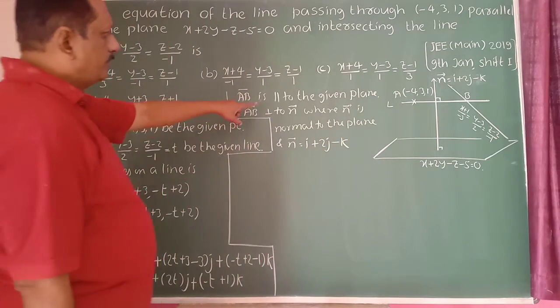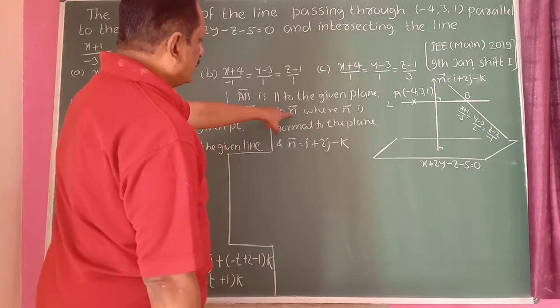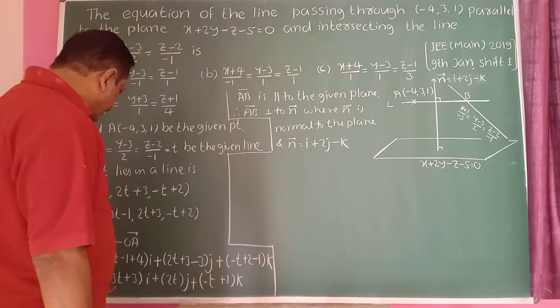Both are perpendicular, AB perpendicular to n bar. Use the dot product here.